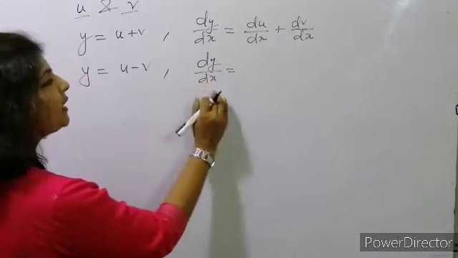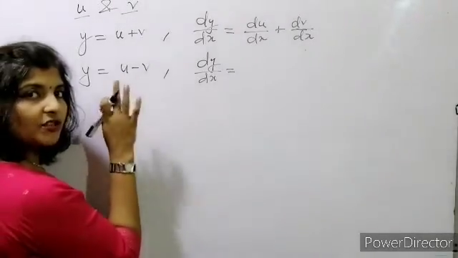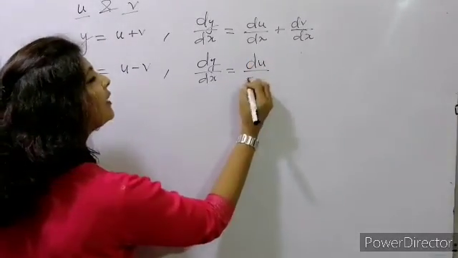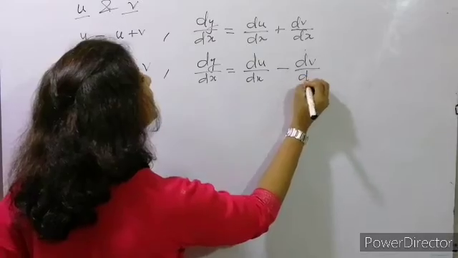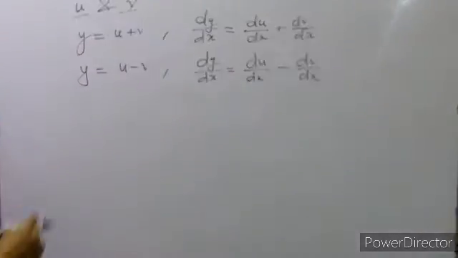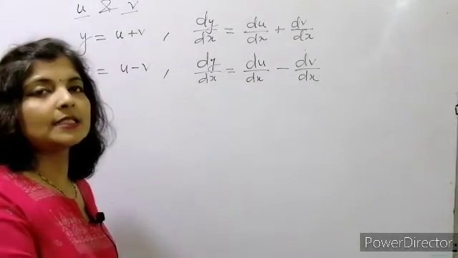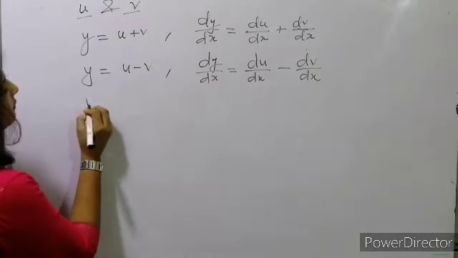Because u and v both are differentiable functions of x, this will be differentiable. So du upon dx minus dv upon dx. Okay, this will be the function. Why is it like this? Because u and v are not constant. u and v are some differentiable functions of x.